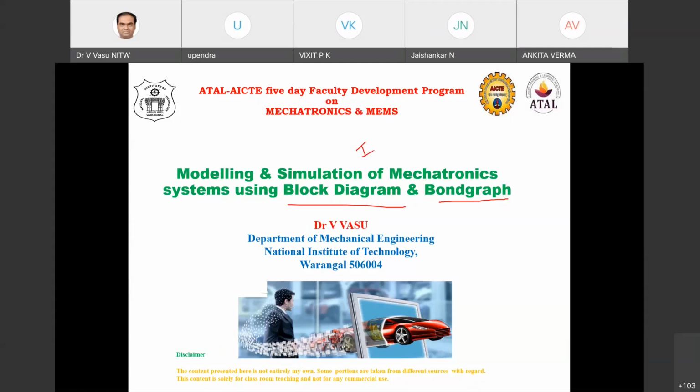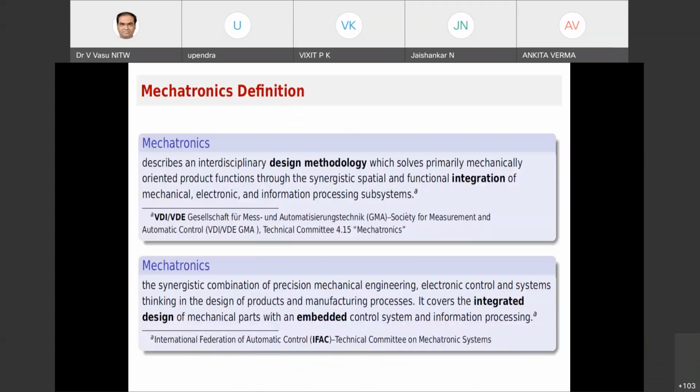Since mechatronics is not a single-domain system and contains mechanical, electronics, and computer components, we need a separate technique to model it, either the bond graph technique or the block diagram technique.